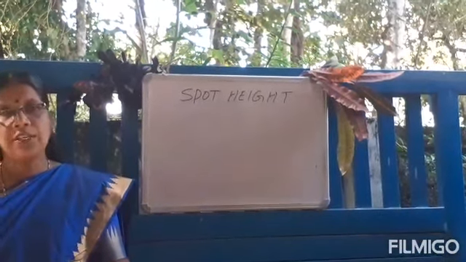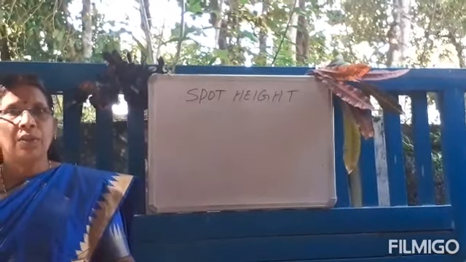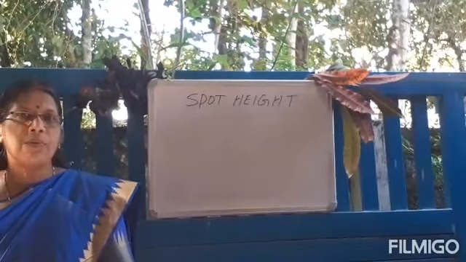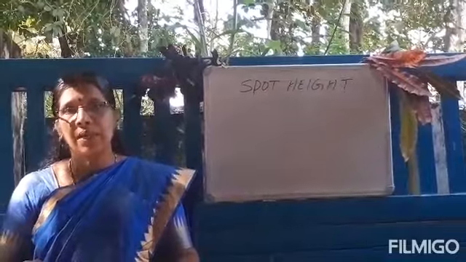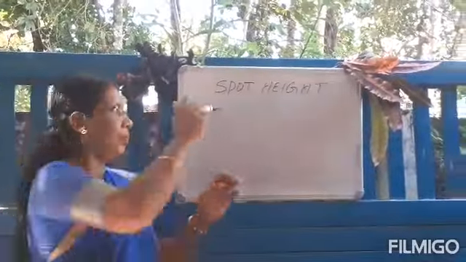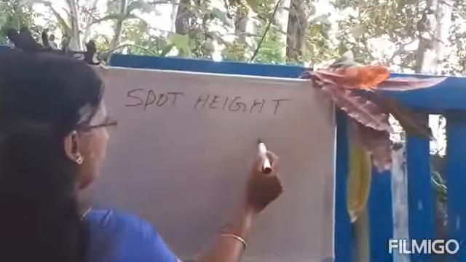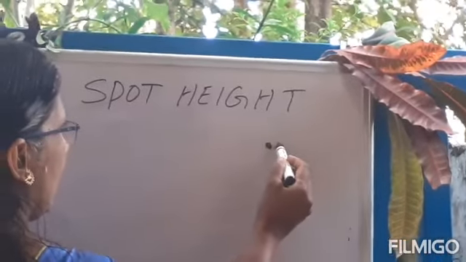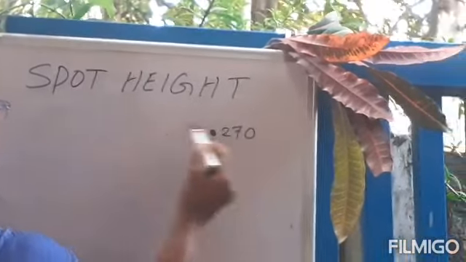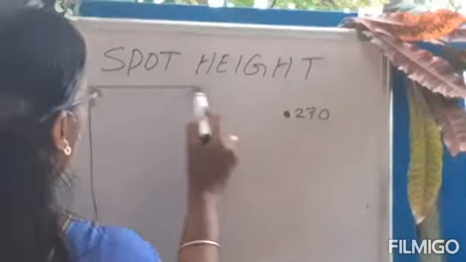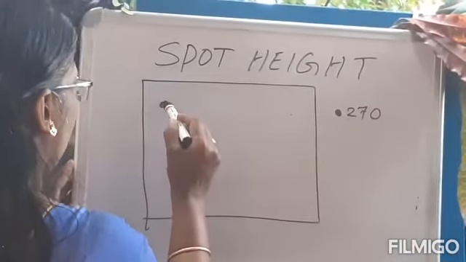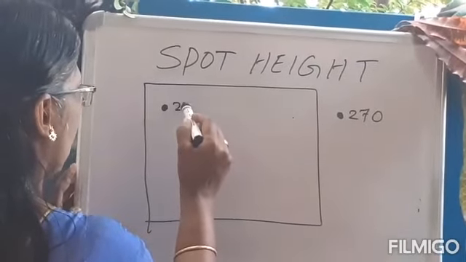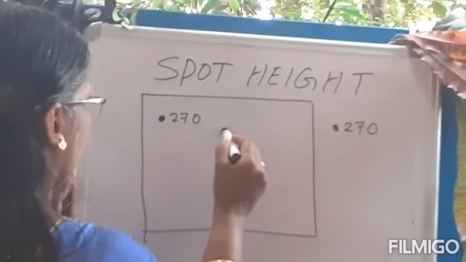We can see what spot height is. On a topographical survey map, you can notice a large number of dots with a number beside each.